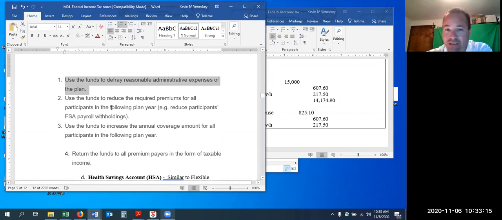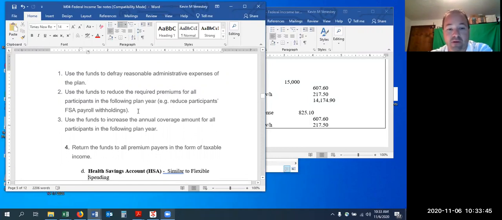It's just the name of a bank or a company that handles this kind of stuff, they don't do it for free. They're going to take our money, hold it, and then issue us debit cards that we can then pay for medical stuff. And there's going to be some service charges in there. And the employer needs to pay that to have that kind of a fund set up. It's just an extra expense. So some of the money that you lose is going to help take care of these expenses.